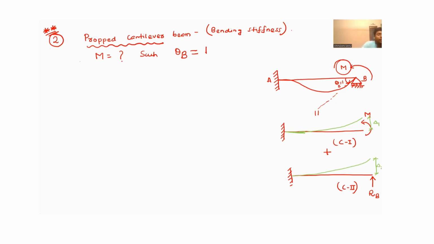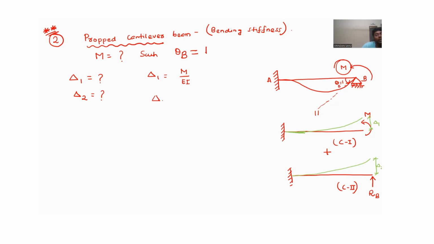Now, can you calculate what delta 1 and delta 2 will be? By applying the same moment area theorem or conjugate beam theorem. So you calculate and tell me the value.